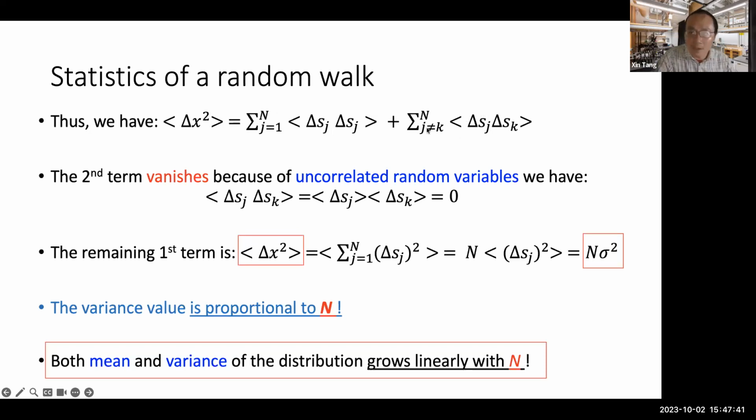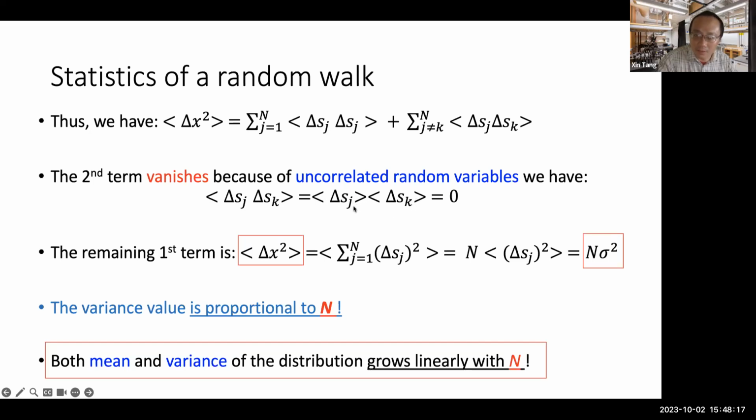Now, if we have many of those terms inside, and j and k are not related to each other, they are random, then if you sum and average all of them together, because they are not correlated, this term can be separated into the delta Sj average and the delta Sk average.